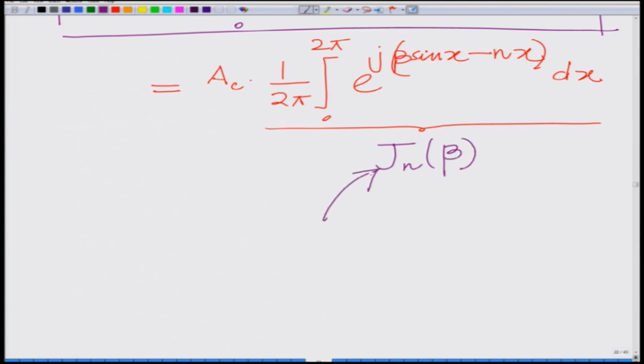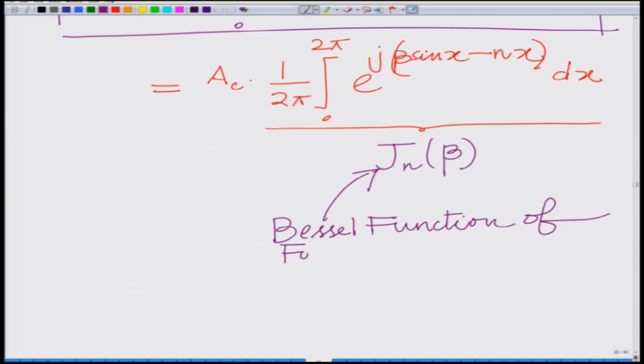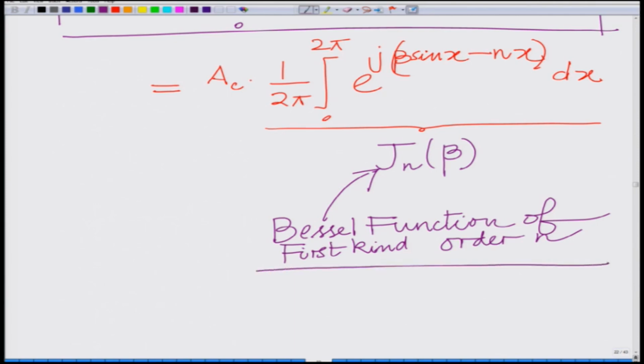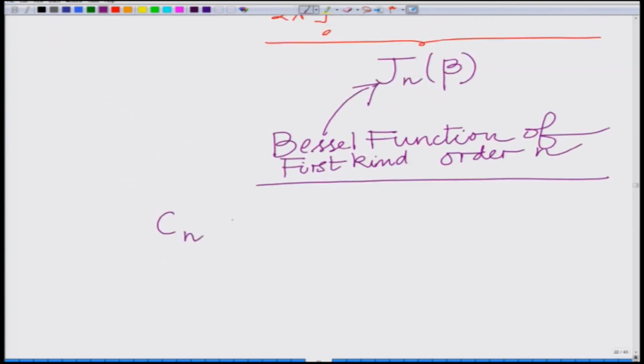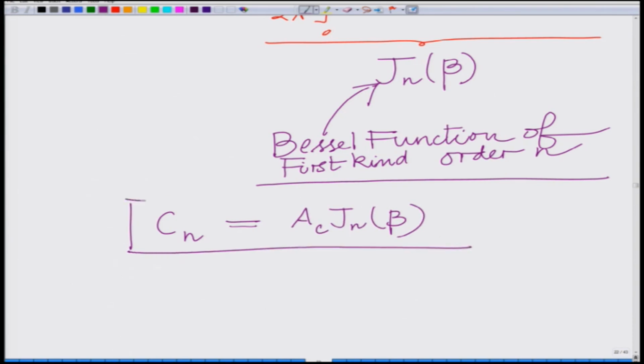This is the Bessel function of the first kind and order n, a standard mathematical function, which means what we have shown is that Cn equals Ac times Jn of beta.